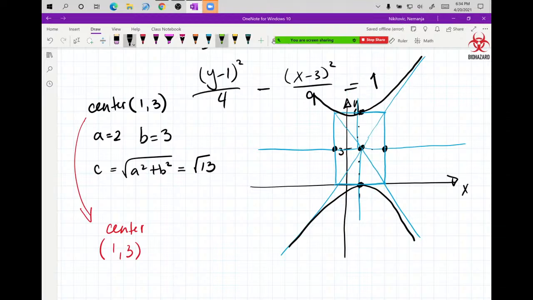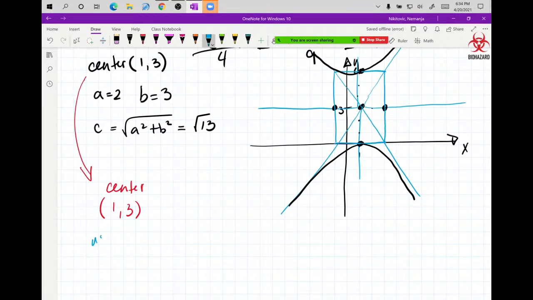So for asymptotes, we have the center at 1, 3, so y is equal to 3. That's the way we're looking at the problem, right? Up and down. So y is equal to 3.